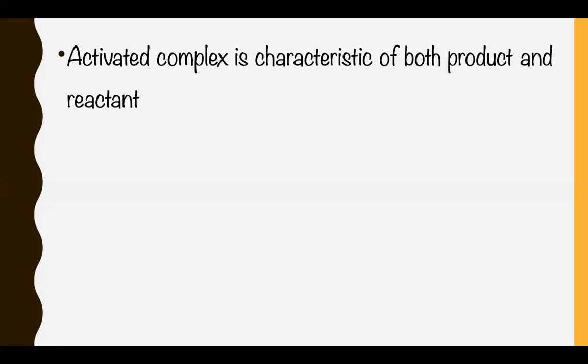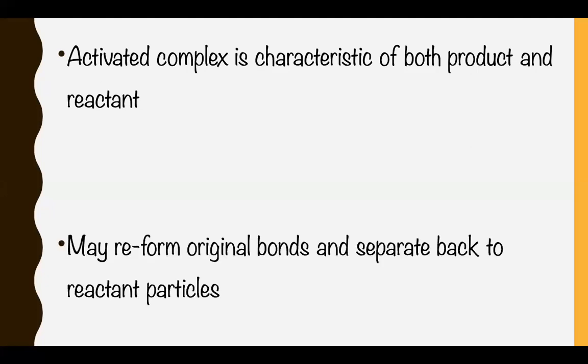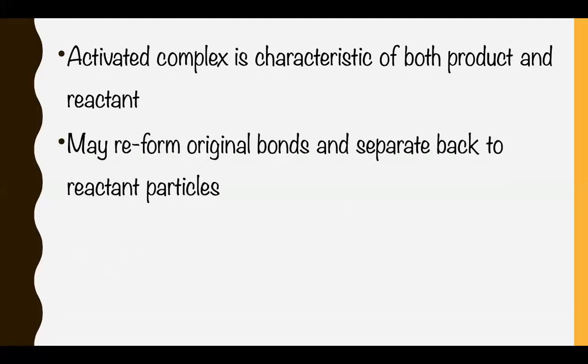The activated complex, as I said, is kind of a mixture between the reactants and products. If you could freeze the reaction when the activated complex is formed, some activated complex will go in reverse. Kind of like if you get the ball to the very top of the hill, you have a 50-50 chance whether it will roll backwards or roll forwards.